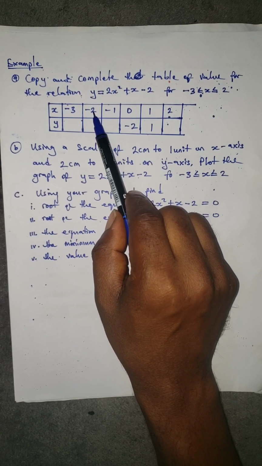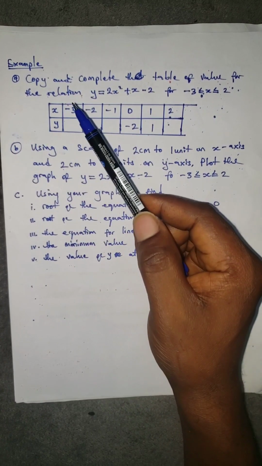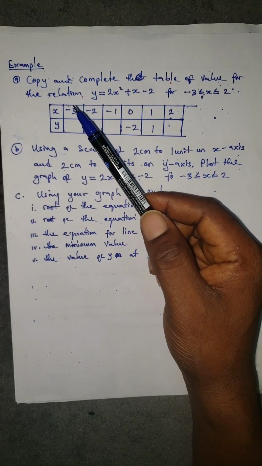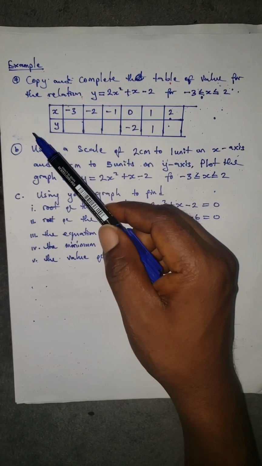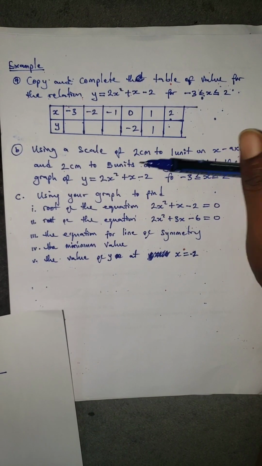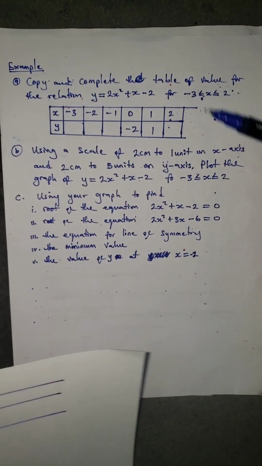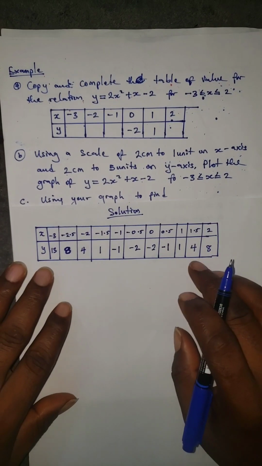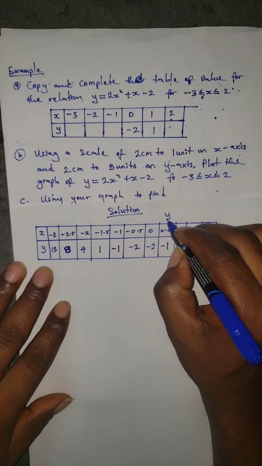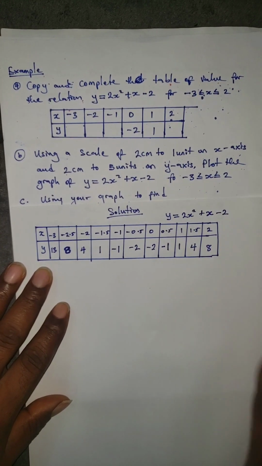Between minus 2 and 1, I will insert a middle value. So what we normally do is just to add 0.5 to it. The essence is that it makes our graph easier for us to plot, for us to have a very smooth curve. So let us create that modified table where we insert numbers between what is given to us. We are done filling our table of values. Remember, the equation is y equals to 2s squared plus s minus 2.